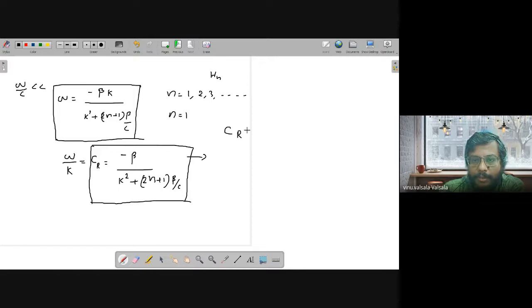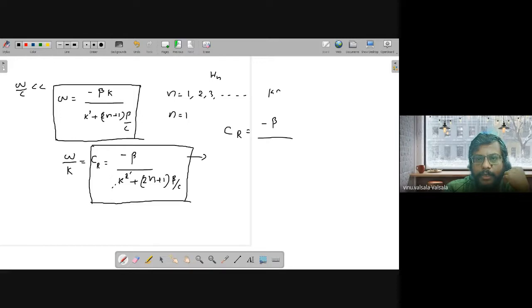CR, the speed of the wave, is equal to minus beta divided by, this k square can be neglected because k is also very, very small in this condition. We are talking about very large waves.